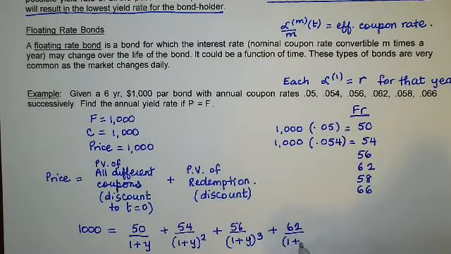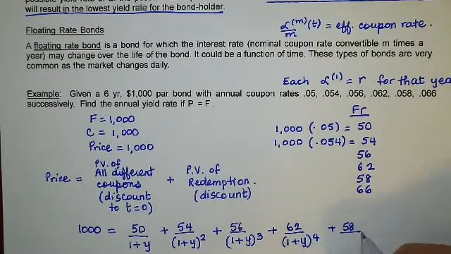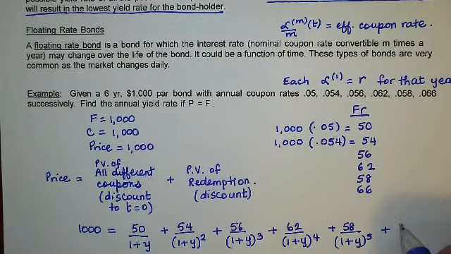And finish this up. Plus 62 over 1 plus y to the 4th. Plus 58 over 1 plus y to the 5th. Plus not only 66, but I also have a redemption here.